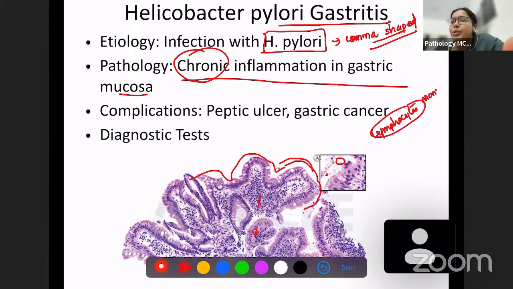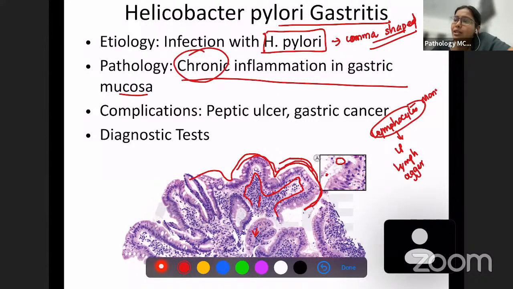So Helicobacter pylori causes lymphocytic aggregation in the lamina propria. This is the mucosa, and here is the lamina propria. So you will have lymphocytic infiltration in the lamina propria along with lymphocytic aggregates.